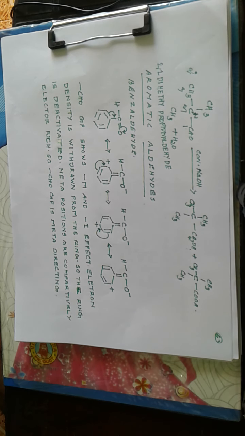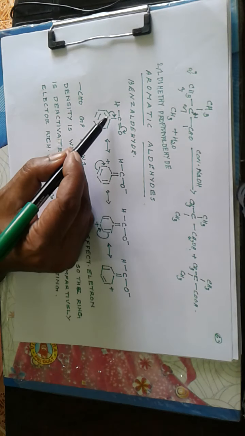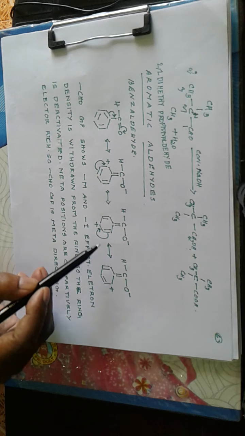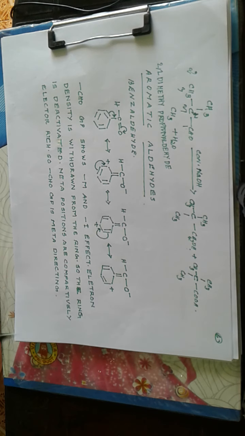Now coming to the preparation of aromatic aldehydes, the most common one is benzaldehyde, and benzaldehyde is a resonance hybrid. We get the ortho and para positions with positive charge, so that electrophilic substitution of benzaldehyde will give the meta product preferentially, because the meta position does not carry any positive charge.